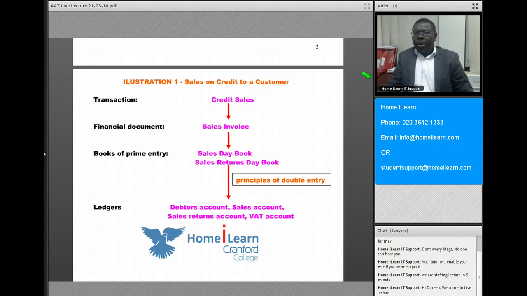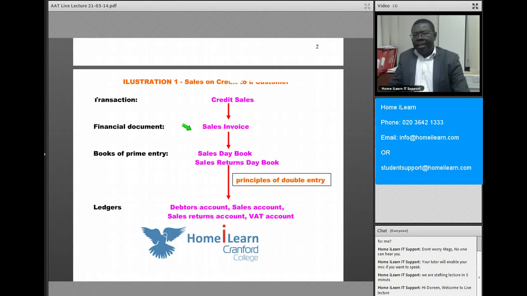Now, the first area we're going to look at is the sales area, which is credit sales. How do we record credit sales in the accounts? I've put the process here for you. Firstly, the transaction is called credit sales, and the financial document that we generate when we sell on credit is a sales invoice.